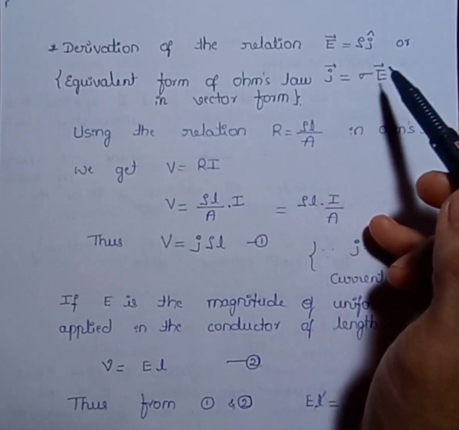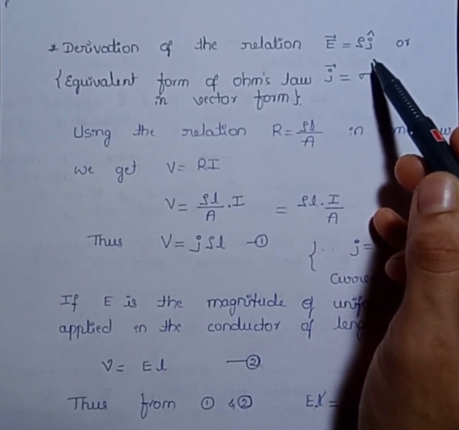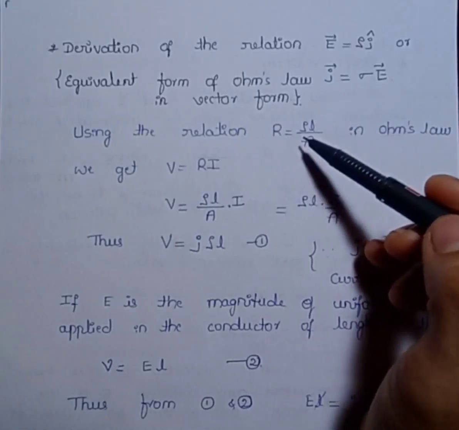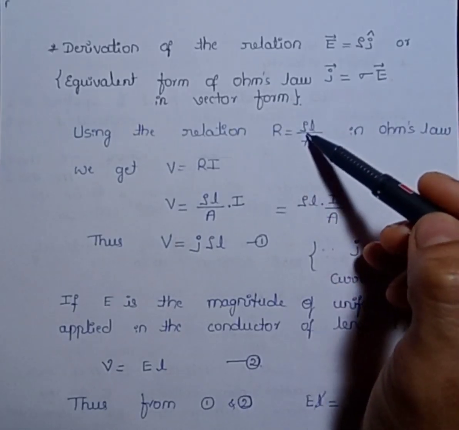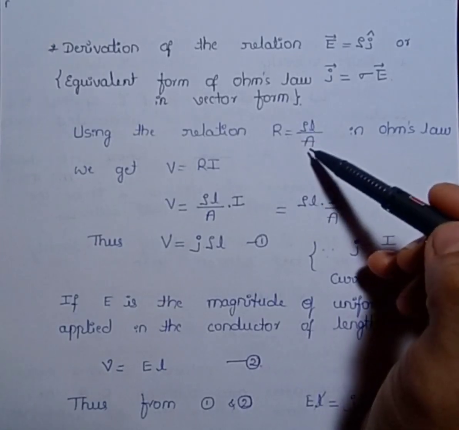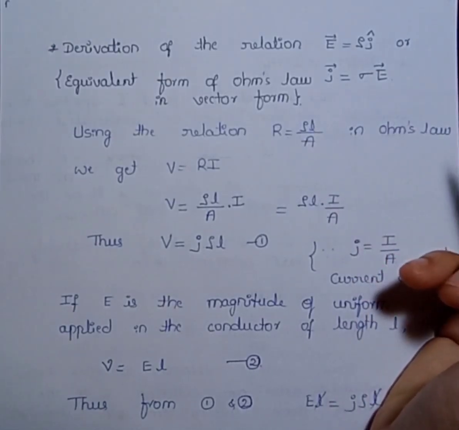Here, to derive the relation E is equal to rho into J, we have to use the relation R is equal to rho L divided by A in Ohm's law.